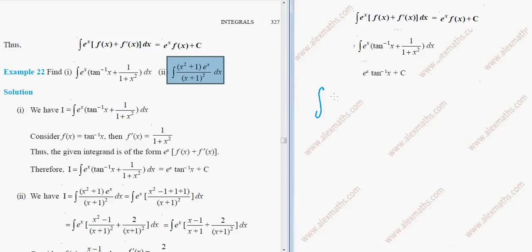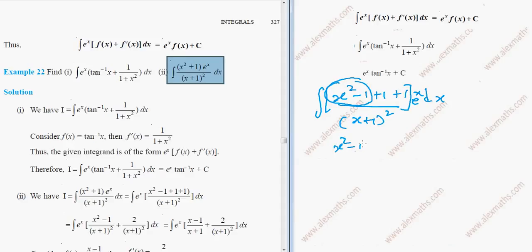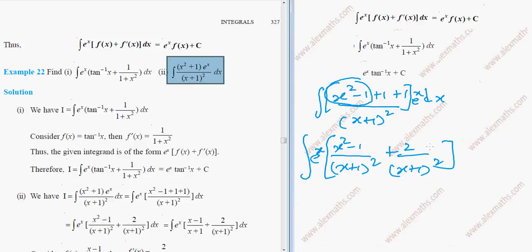In this problem, with the numerator put minus 1 plus 1, and already there is one more 1, and the denominator you copy as it is into e power x dx. The purpose is to take these two terms together and divide by the denominator, plus 2 by x plus 1 whole square, then we have e power x dx.